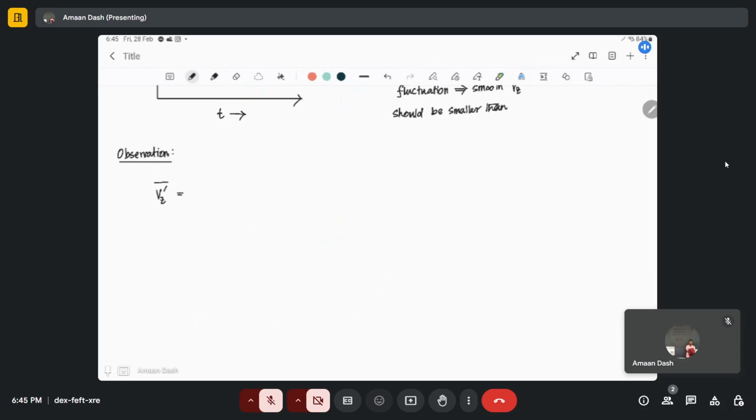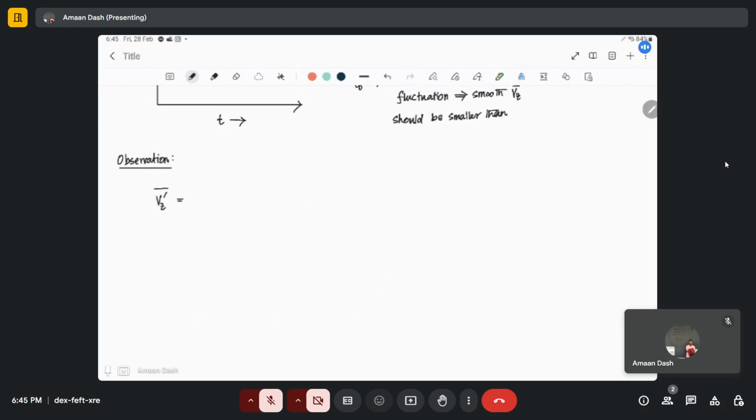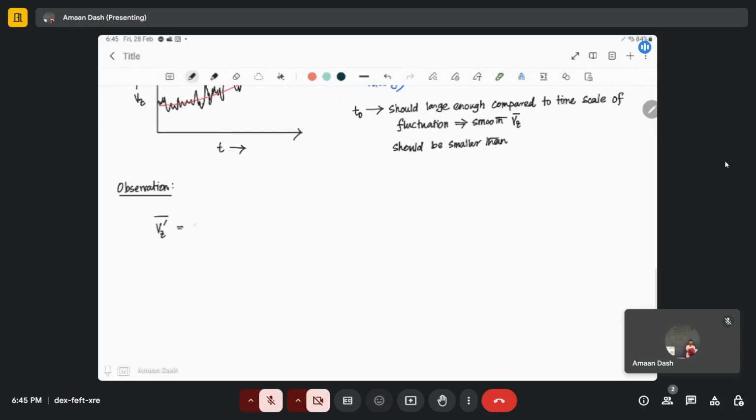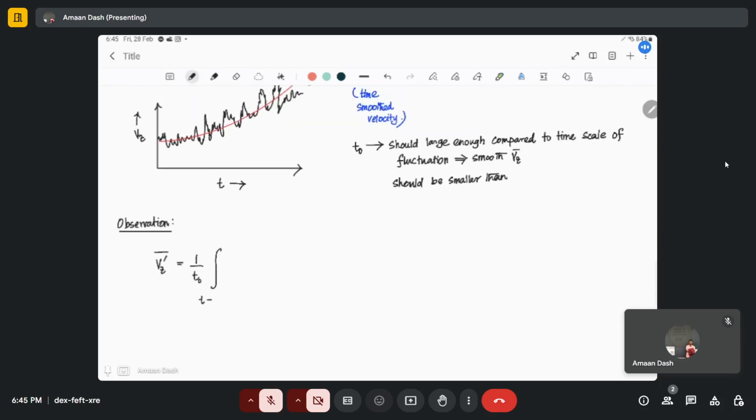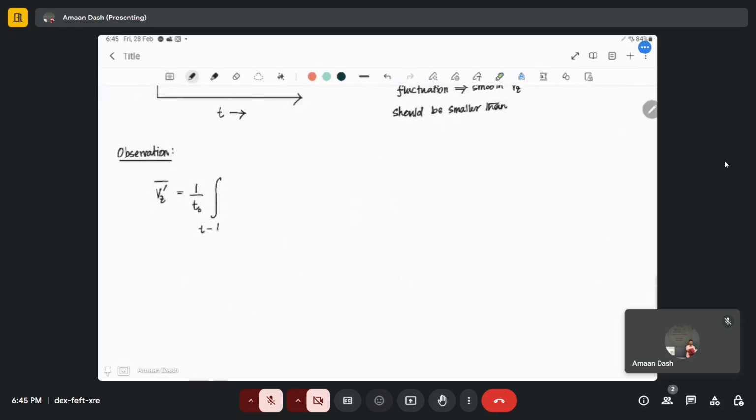It can be written as 1 by T0 times the integration from T minus 1 by 2 T0 to T plus 1 by 2 T0 of Vz prime ds.